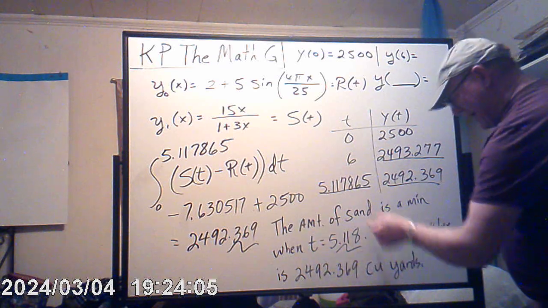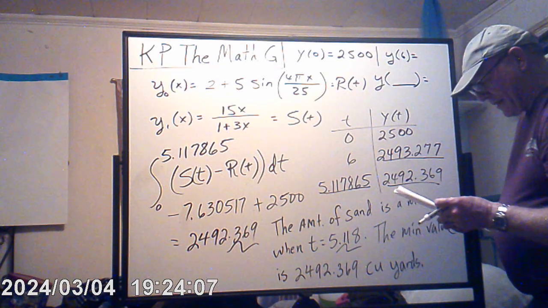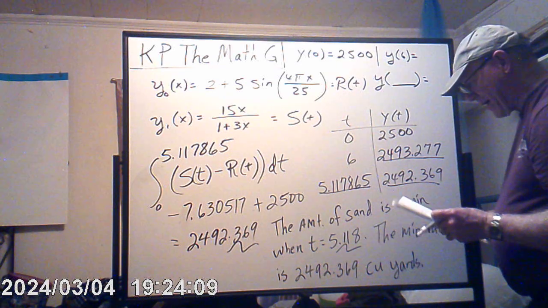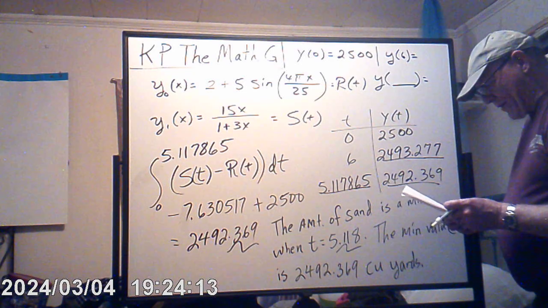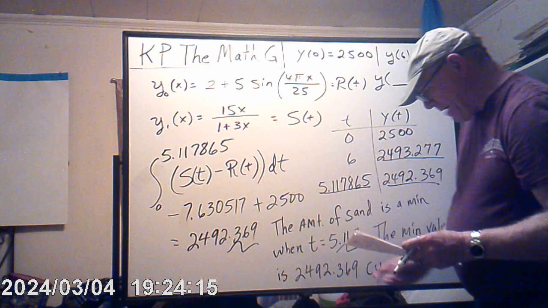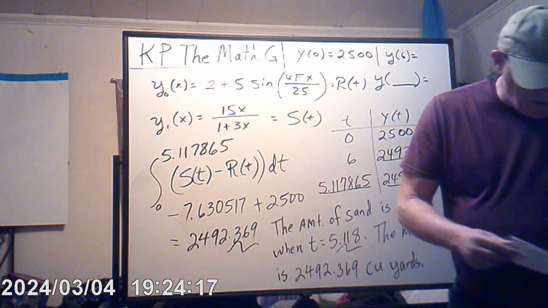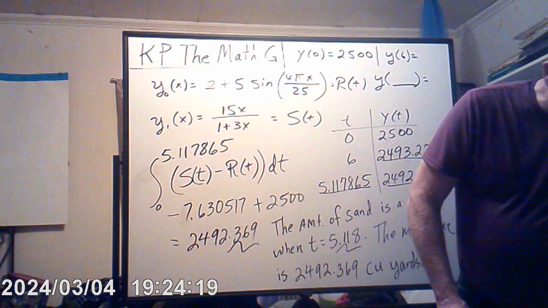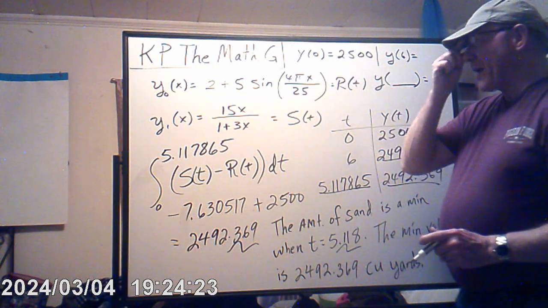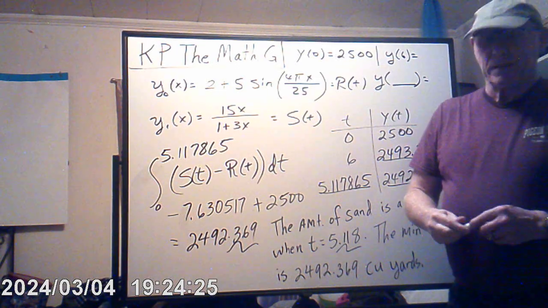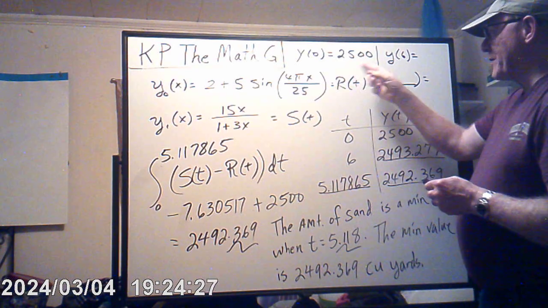This is the time. This is in hours? Yeah, 5.118 hours. The amount of sand is going to reach a minimum, and see, the maximum amount was 25. Well, so far the maximum, if you had to have a max, it would be 25. That's what you started off with.